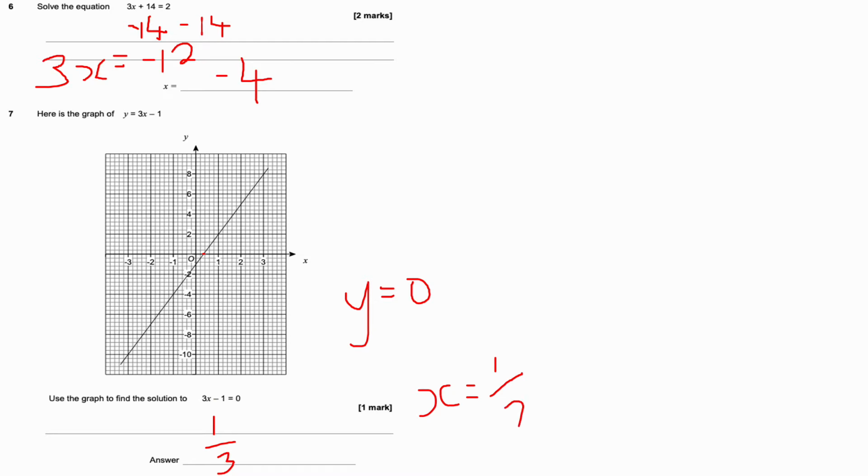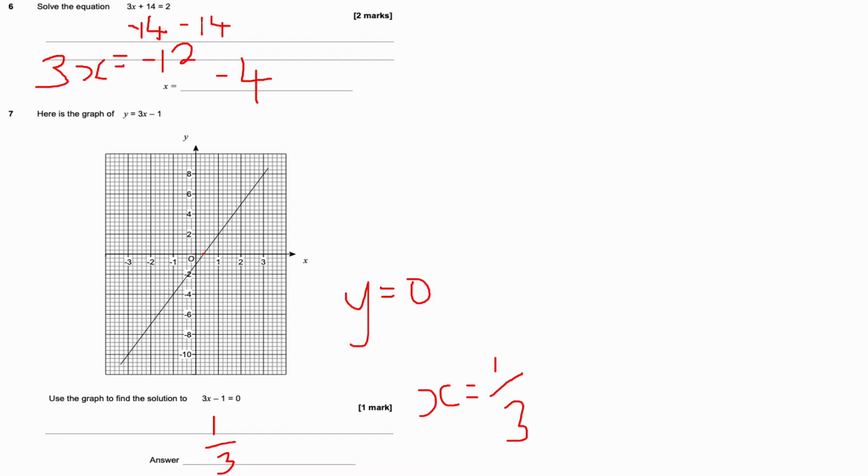I appreciate it is a bit tricky looking at it on a screen, but feel free to pause it and zoom in on this graph. Every square, I believe, goes up in a fifth, so there's 1, 2, 3, 4, 5. And it's just under 2/5, just in between the first and second square.